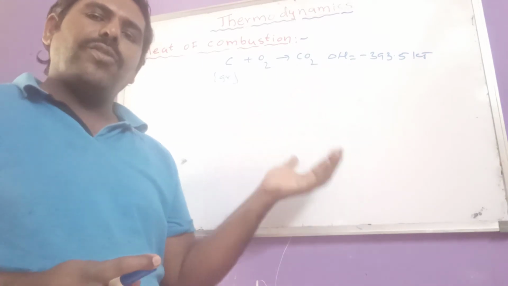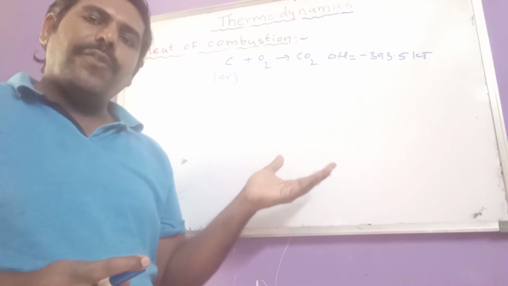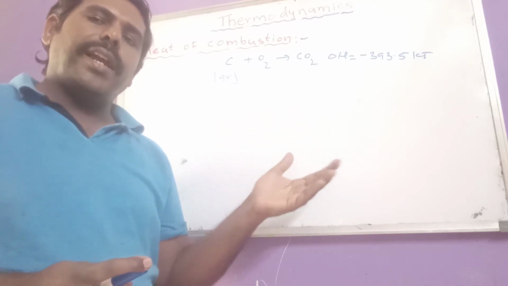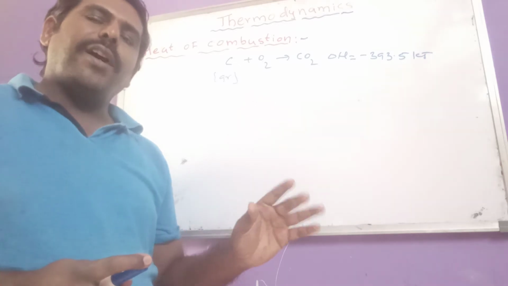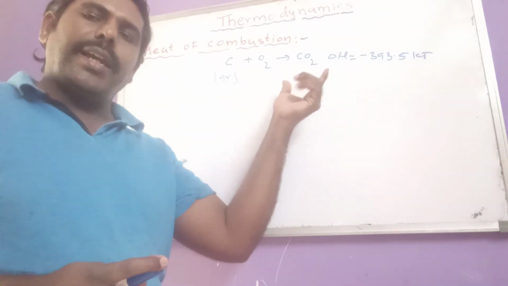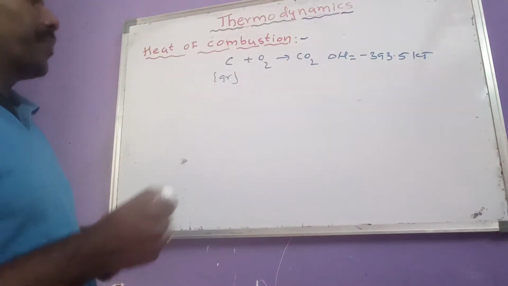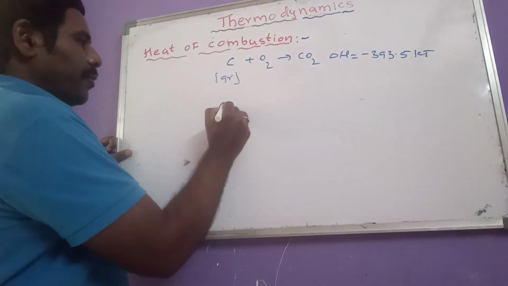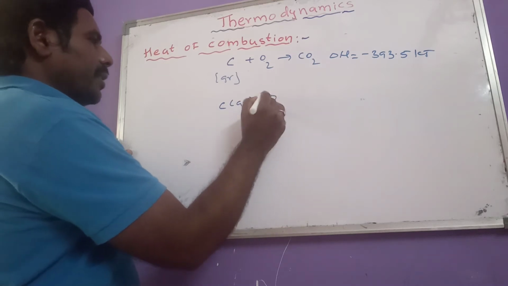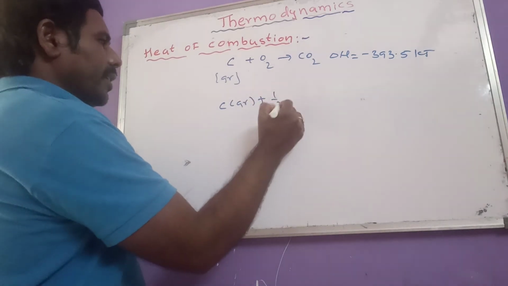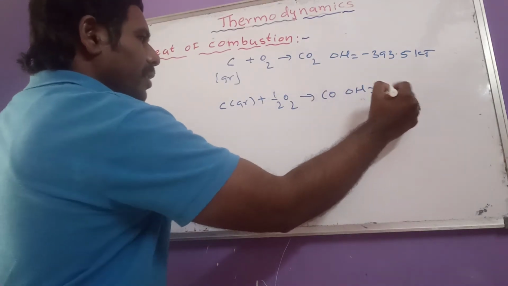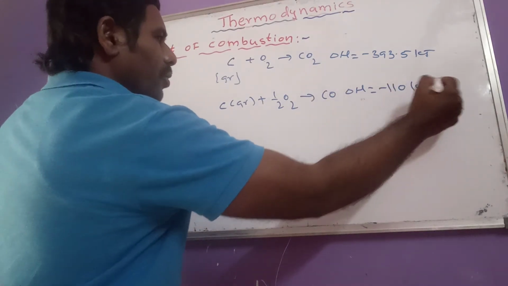Like that they may give the question here: which of the following reactions indicates both heats of reactions, that is heat of formation and heat of combustion. So this is one of those examples. Now, for example, if the question is given like this, C graphite plus half O2 gives CO, delta H minus 110 kilojoules.